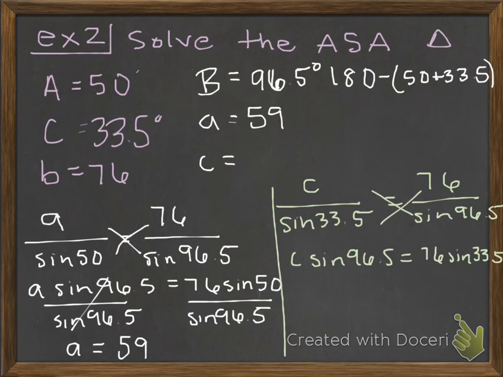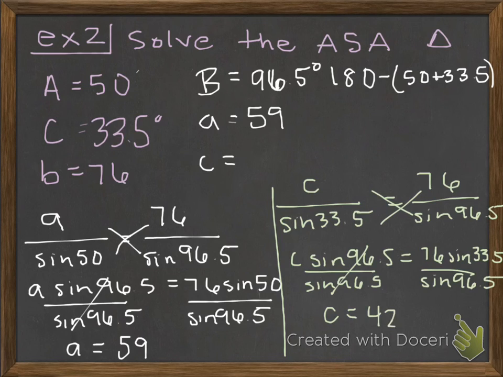And to get C by itself, we divide by sine of 96.5. So my C is going to be approximately equal to 42. And now I've found everything that's missing about my triangle.